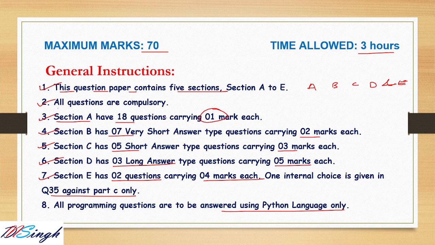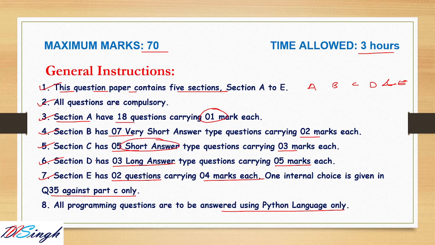So 18 questions are very short answer type or MCQ. 7 questions are very short answer, 2 marks questions, like small code where you need to give the output. What categories come under it, we will see. And then section C will have 3 marks short answer questions.